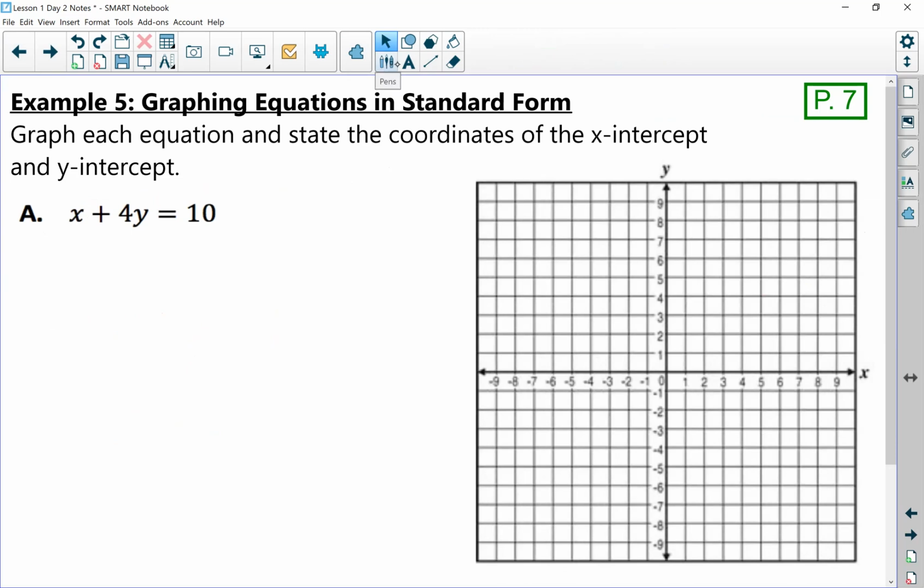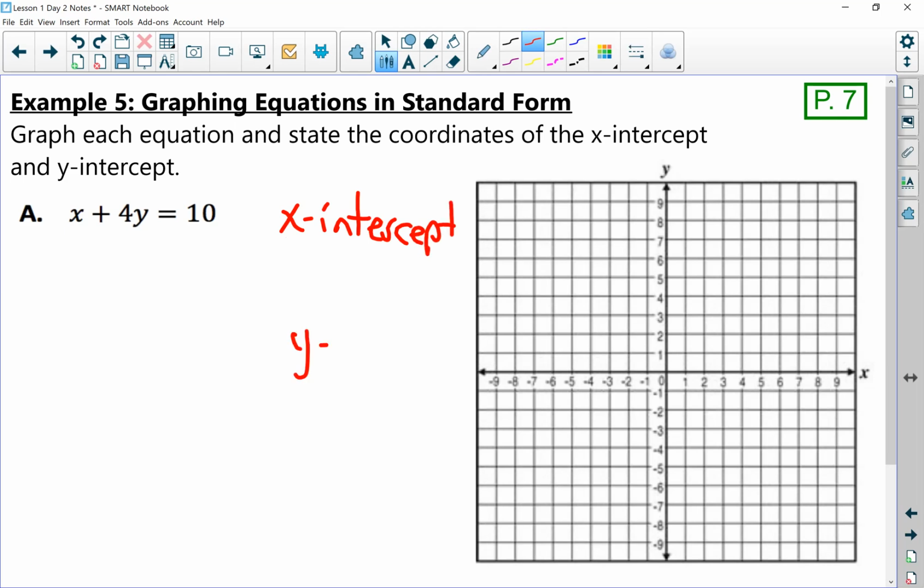All right, so another example: graph each equation, state the coordinates of the x-intercept and the y-intercept. Because I'm asked for the x and the y-intercept, I'm going to use the cover-up method.